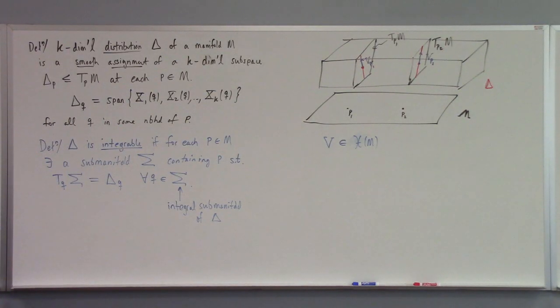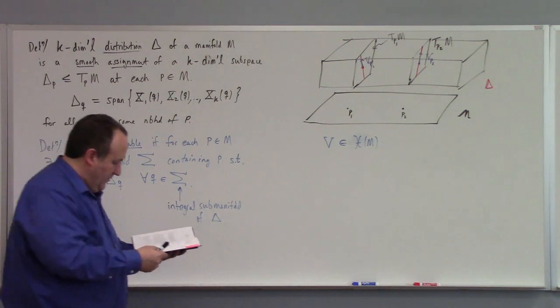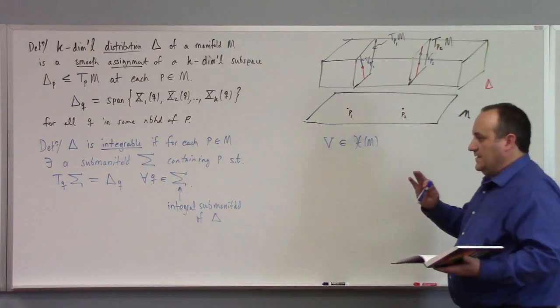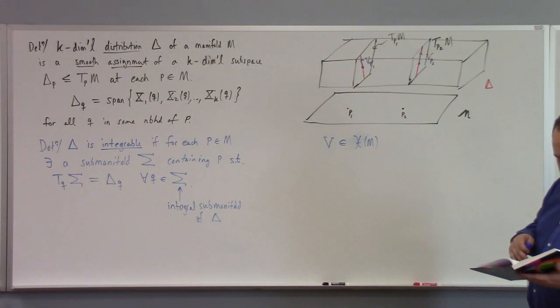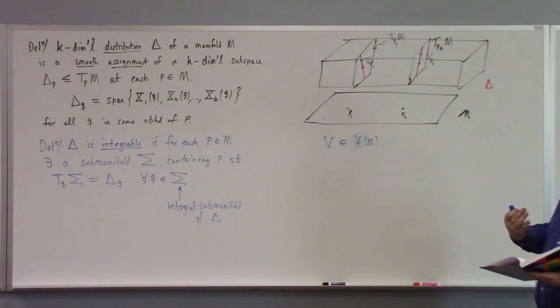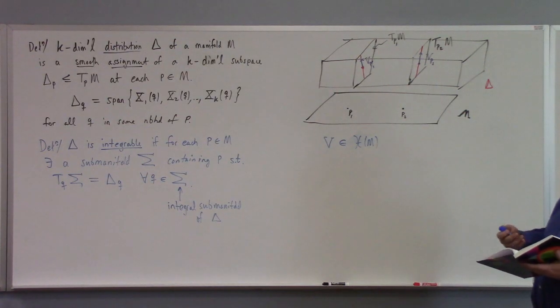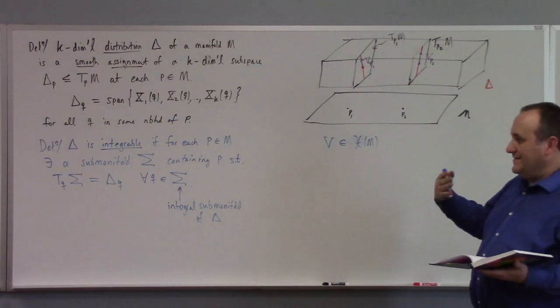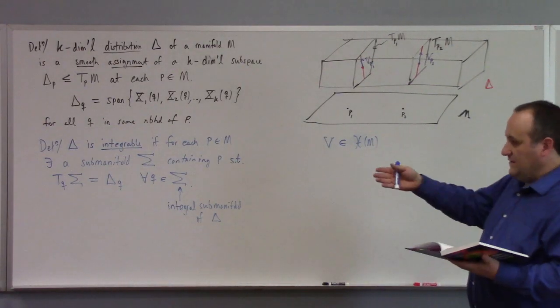So then the question, of course, is: okay, great, if we have this distribution, what condition do you need for it to be integrable? If I have a distribution, when is it going to be integrable?